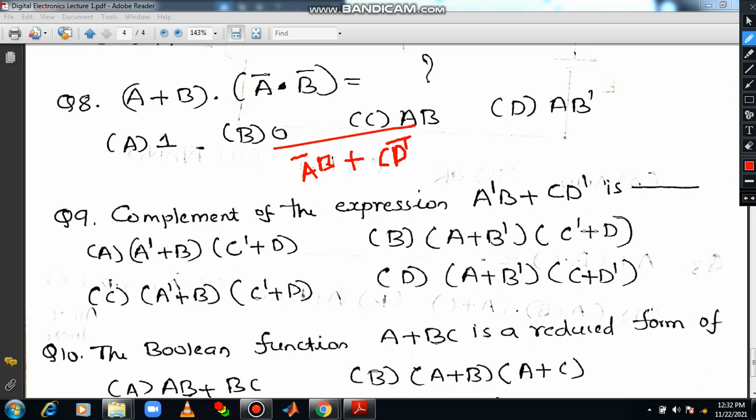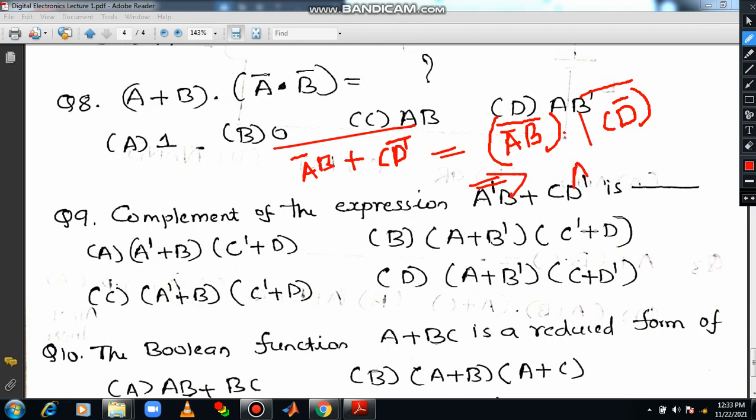Now we can apply De Morgan's law. That means A bar B complement, and C D bar complement, like this.